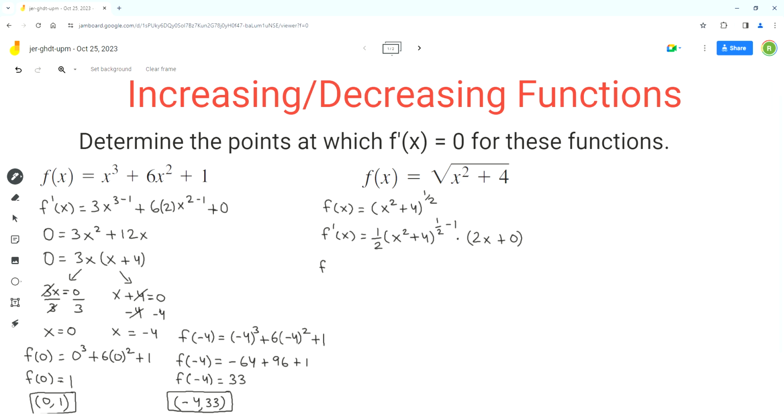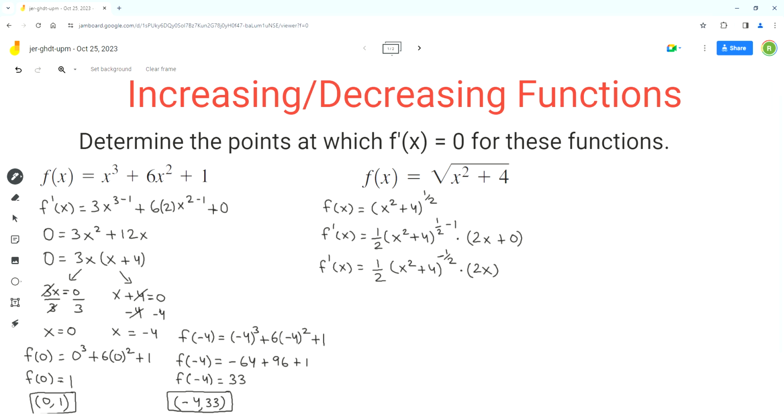So f prime of x equals, now in the first part, we can subtract the exponent. So half minus 1 is negative half. So we get (x squared plus 4) exponent negative half times, x plus 0 is just 2x.